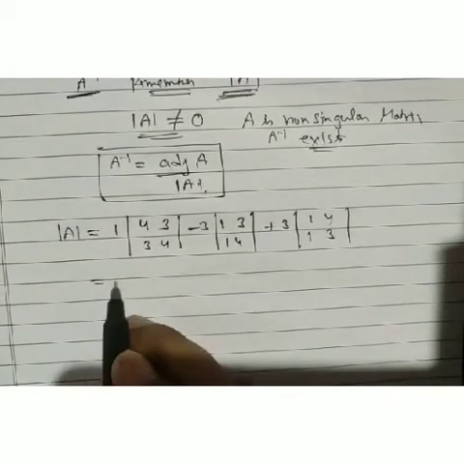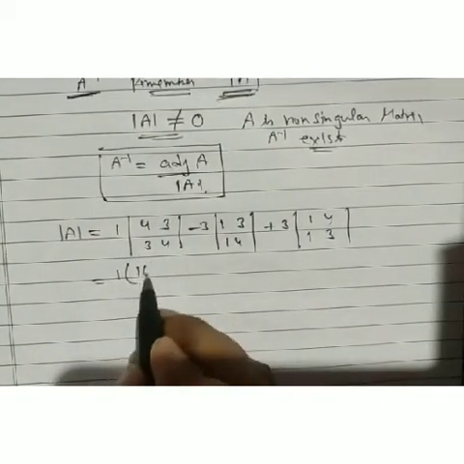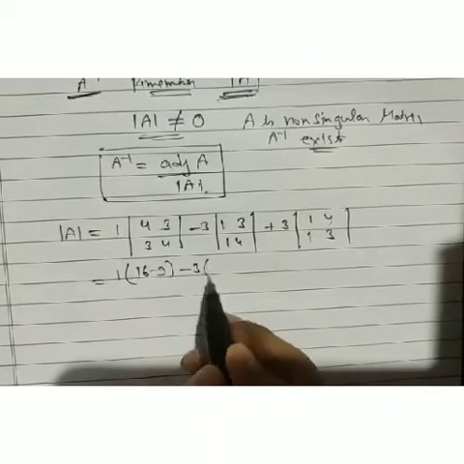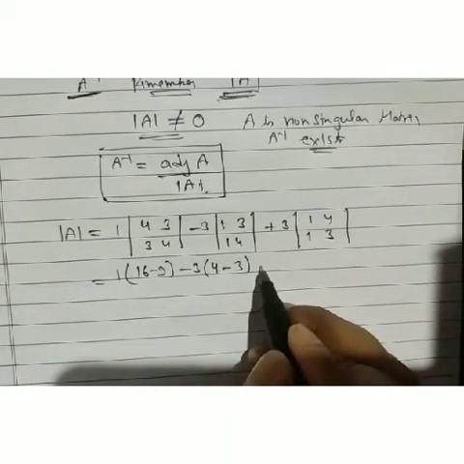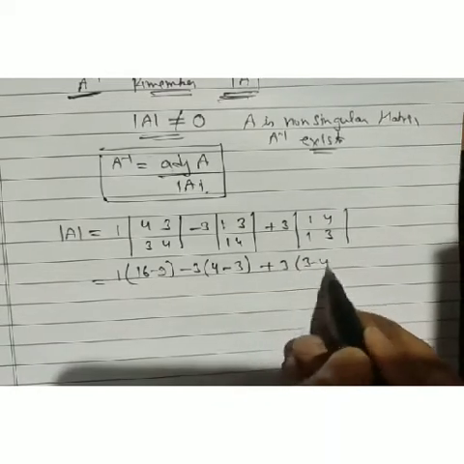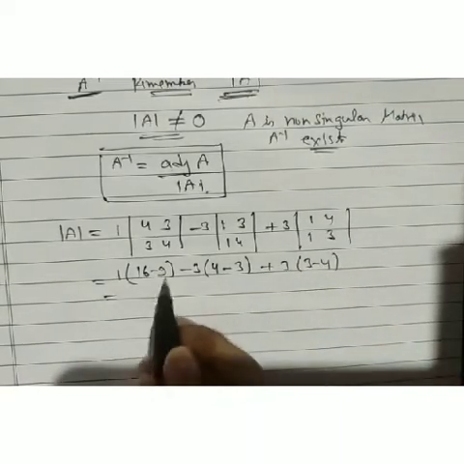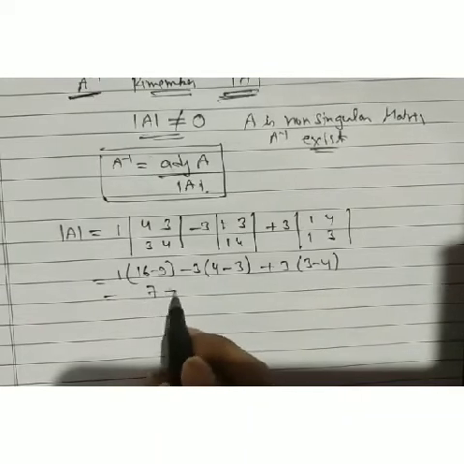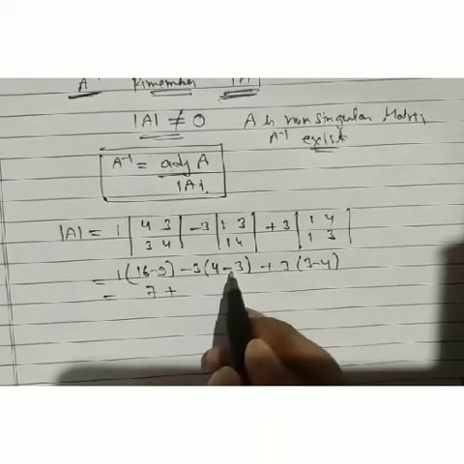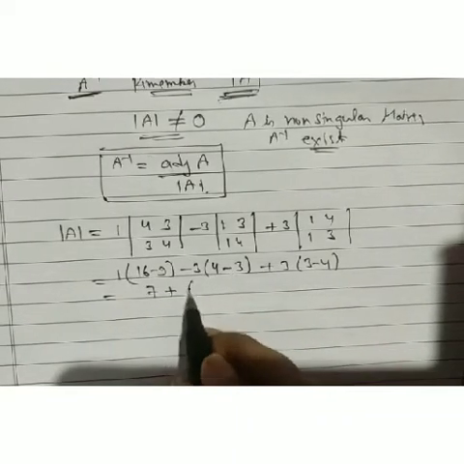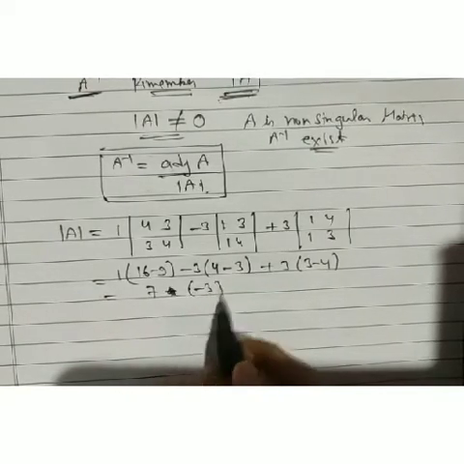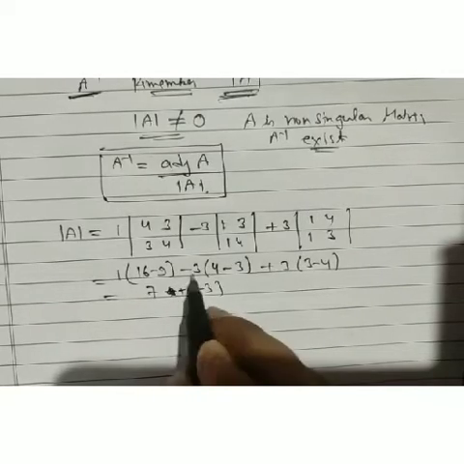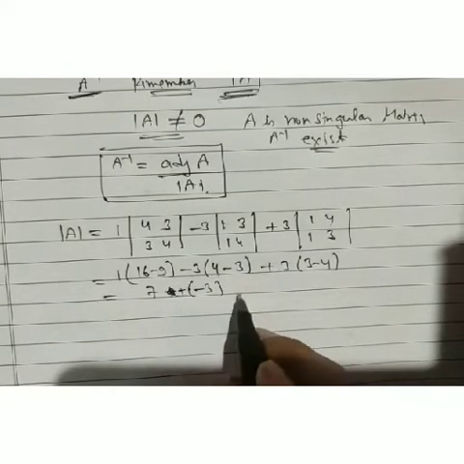Now we are going to solve it. This is 1 times (16 minus 9), minus 3 times (4 minus 3), plus 3 times (3 minus 4). We get 16 minus 9, which is 7, so 1 into 7 is 7. Then 4 minus 3 is 1, so minus 3 into 1 is minus 3.